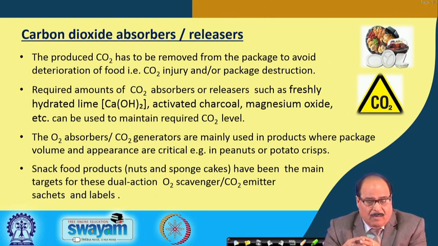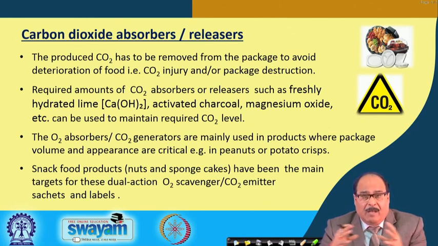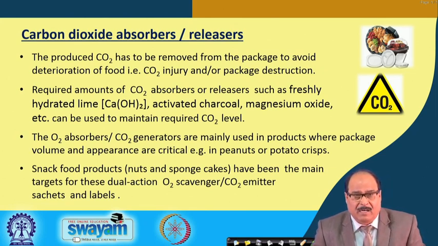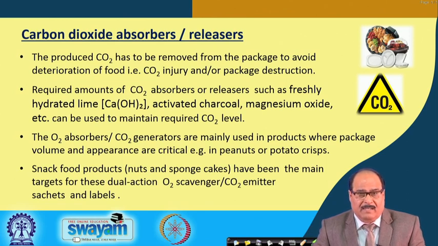Required amounts of carbon dioxide absorbers or releasers such as hydrated lime, activated charcoal, magnesium oxide, etc. can be used to maintain the required CO2. These oxygen absorbers or CO2 generators are mainly used in products where the package volume and the appearance of the product packed inside are important considerations.